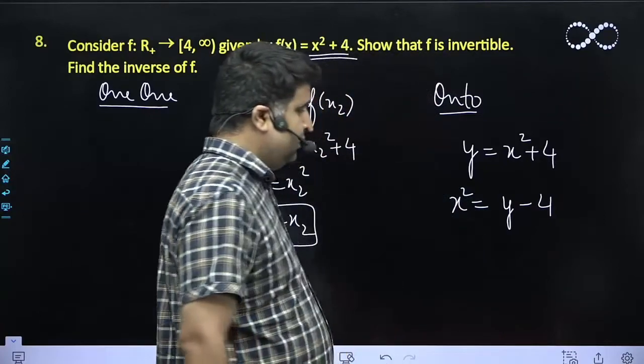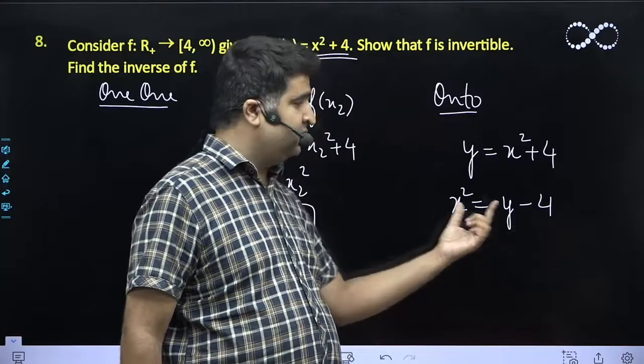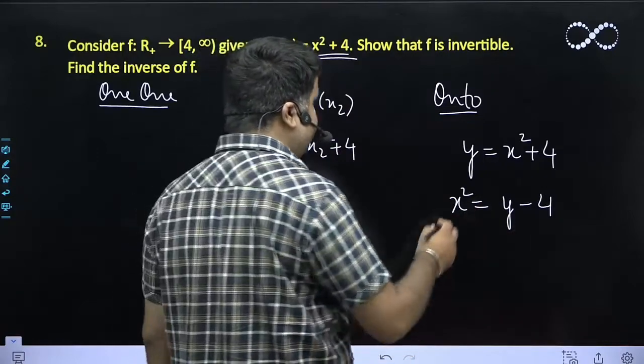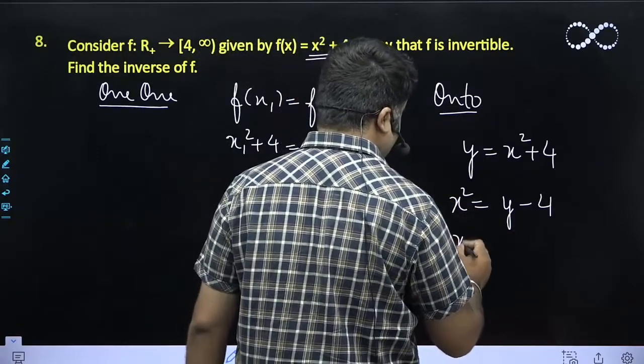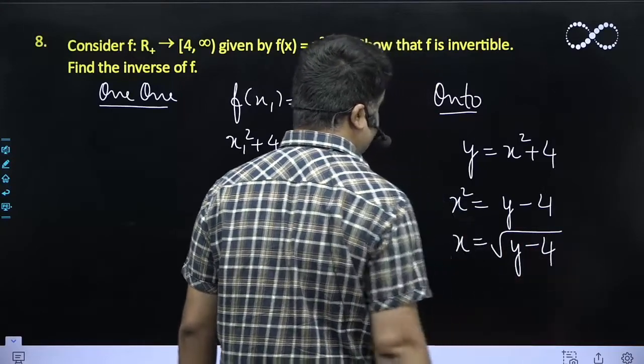Now since this x square is positive, y minus 4 will also be positive, right? And we are taking only positive values of x, therefore x is equal to square root of y minus 4.